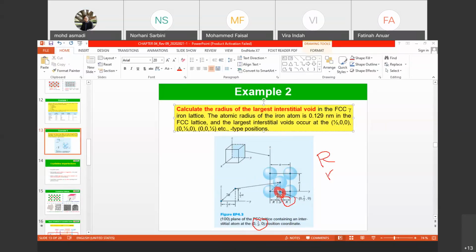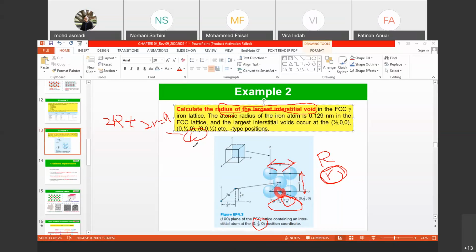Since we want to calculate the radius of the interstitial voids, which is small r, we have 2r plus 2R equal to A. This one, the length is A, and this one also, the length is A. So this is going to be equation number 1.